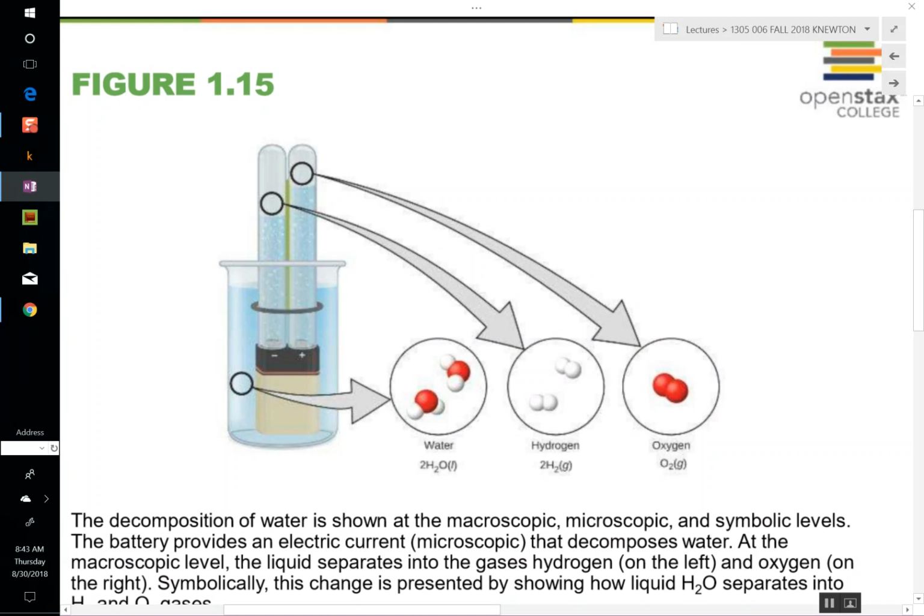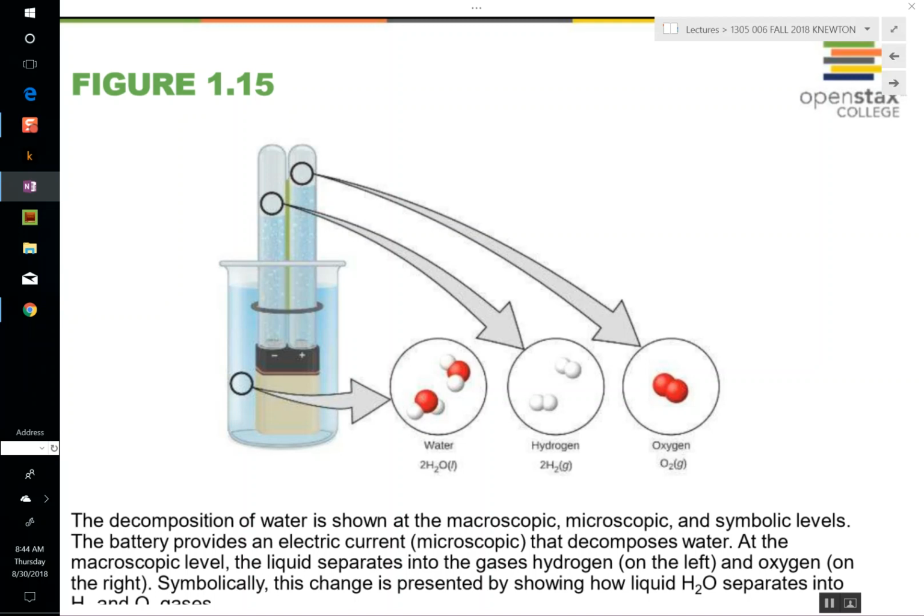So on the negative post of this setup, we have hydrogen being formed, and on the positive side we have oxygen gas. Hydrogen is a gas, oxygen is a gas at room temperature. Elemental oxygen, elemental hydrogen.